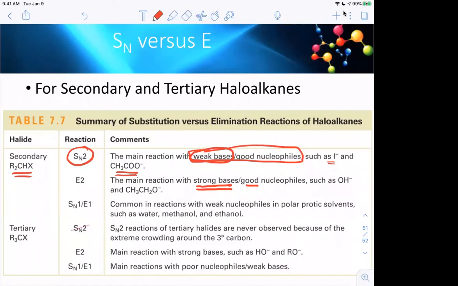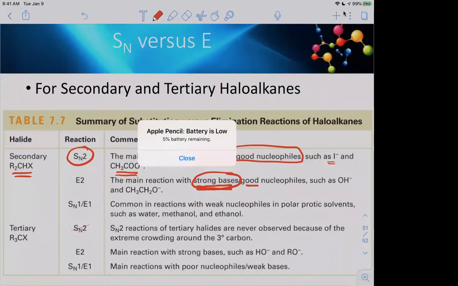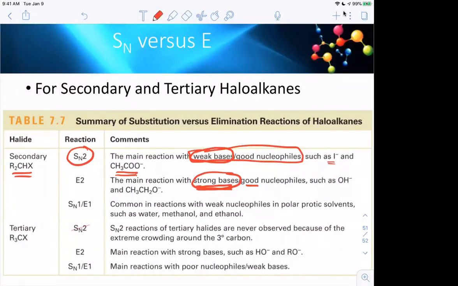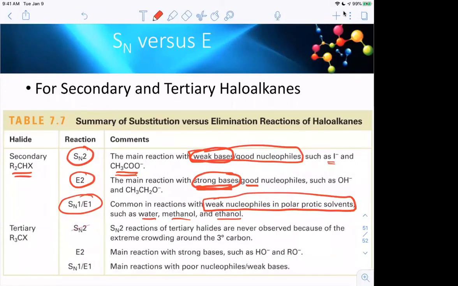These are weak bases, these are strong bases. I'm going to get elimination. Now, if I have weak nucleophiles in polar protic solvents, such as water, methanol, and ethanol, I'm going to get a combination of SN1 and E1.